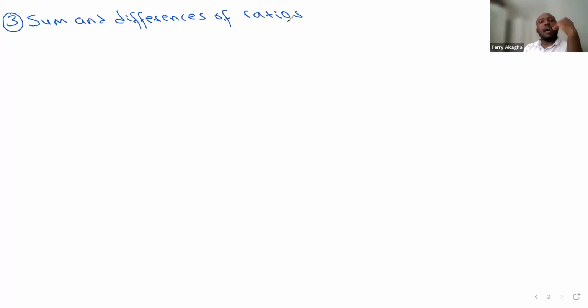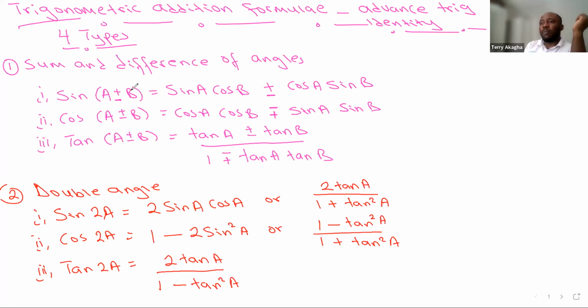Now, we're going to have some formulas. I'm going to give you 4. So I'll say sine A plus sine B. Can you see? This is different from the previous one we talked about, which was sine (A plus B). Is that making sense? All right.